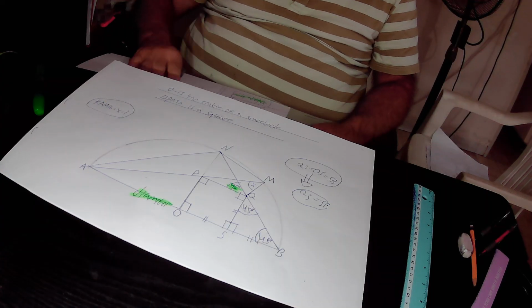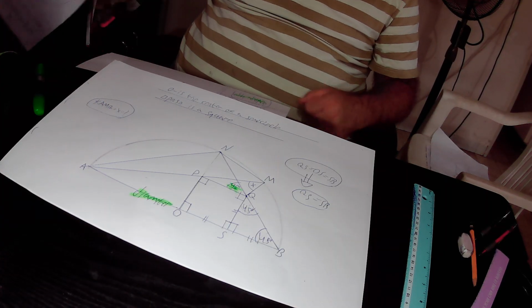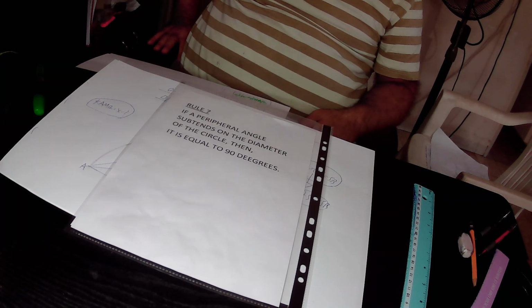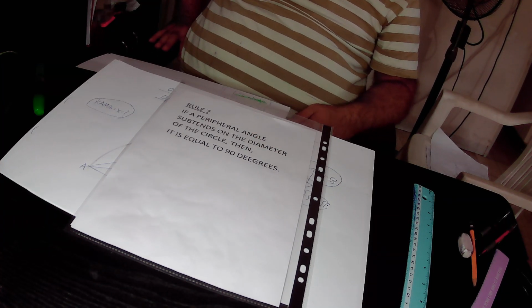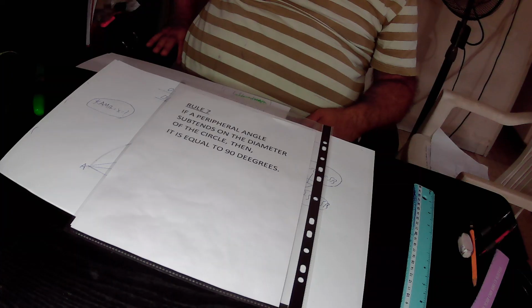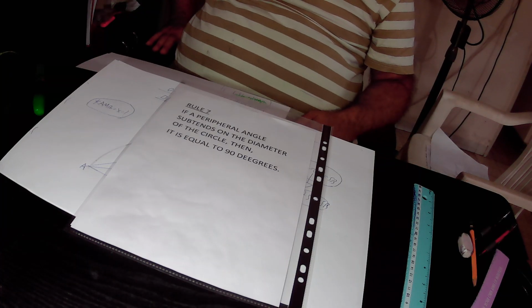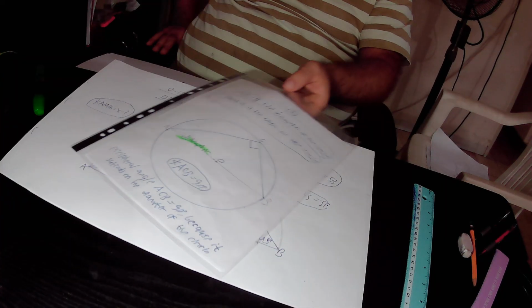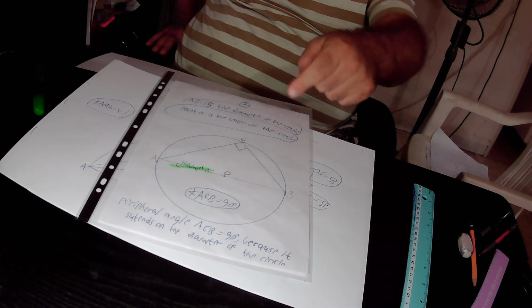So let me repeat rule 7 quickly. According to rule 7, if a triangle subtends on the diameter of a circle or semicircle, then it is equal to 90 degrees in its size. So in the drawing we have a circle.